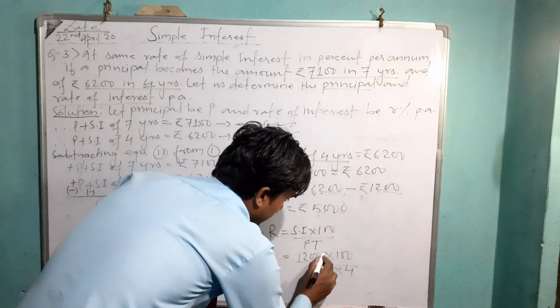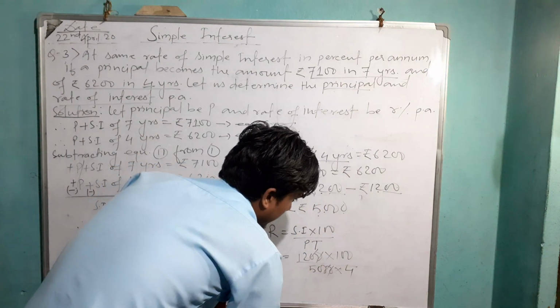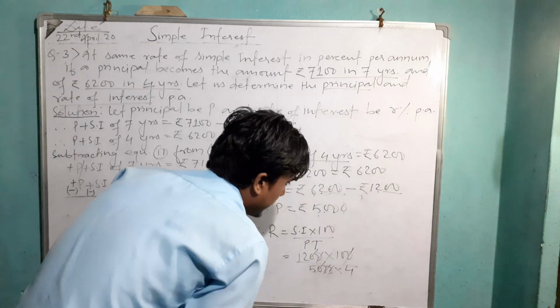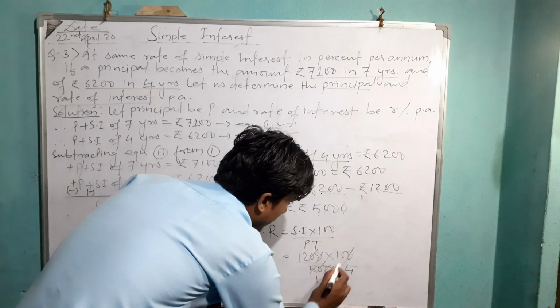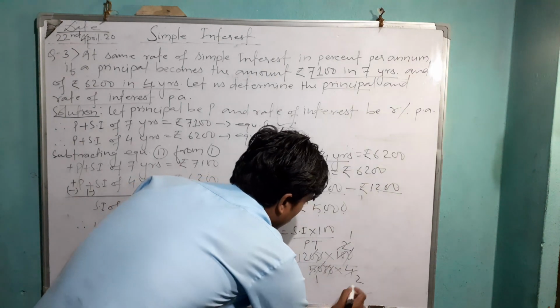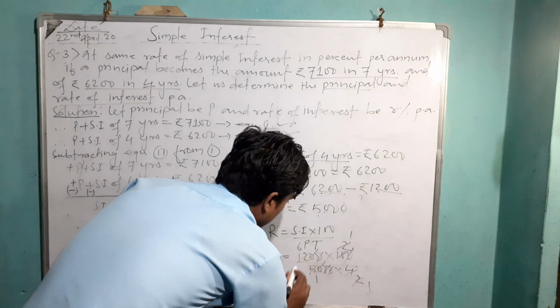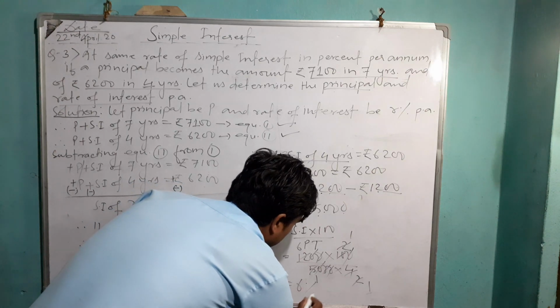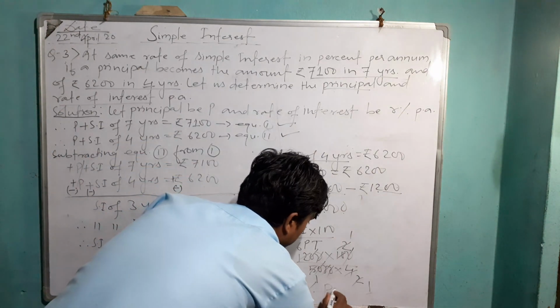Now let's cancel it: 120 and 120 cancel, then again this 0 gets cancelled. 5 1s are 5, 5 2s are 10, 2 1s are 2, 2 2s are 4, 2 6s are 12. So the rate we got is 6% per annum.